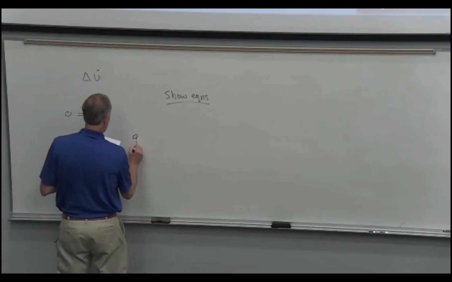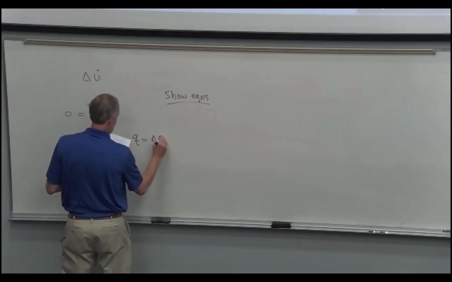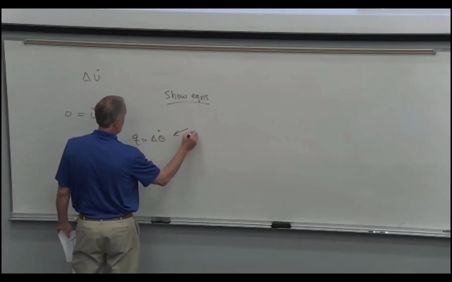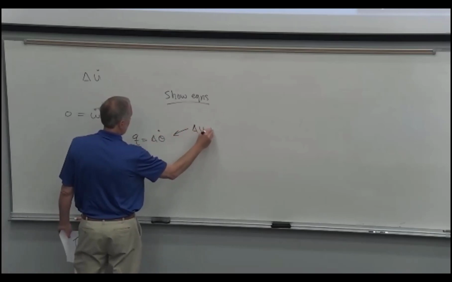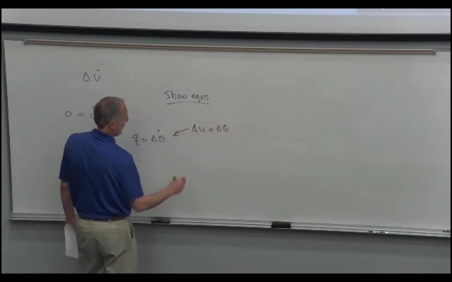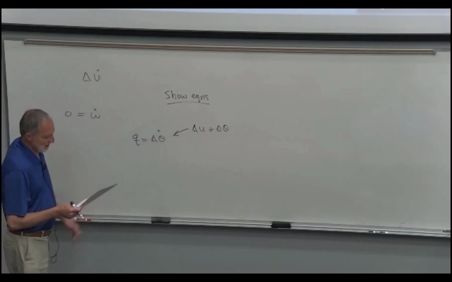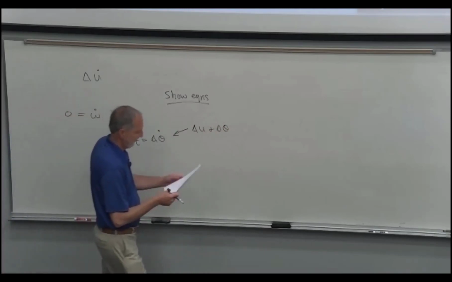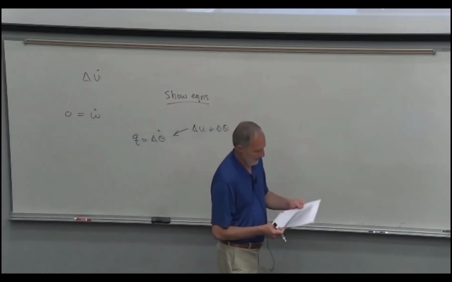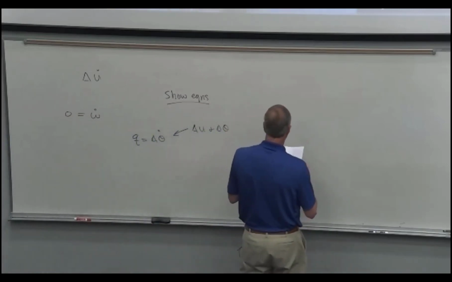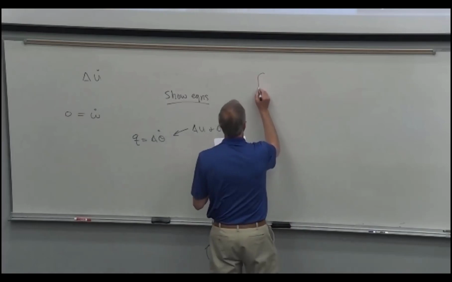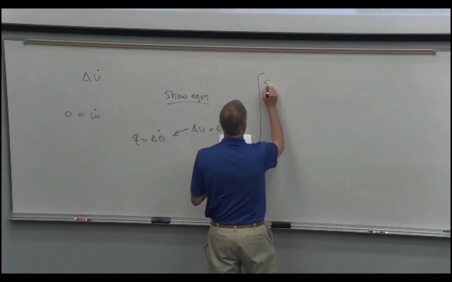And remember, you have to do Q is delta theta dot, so you put everything in terms of delta U and delta theta. And you get two equations, you Laplace them, just like the steps we did in class for the other mode. And you should get this matrix.